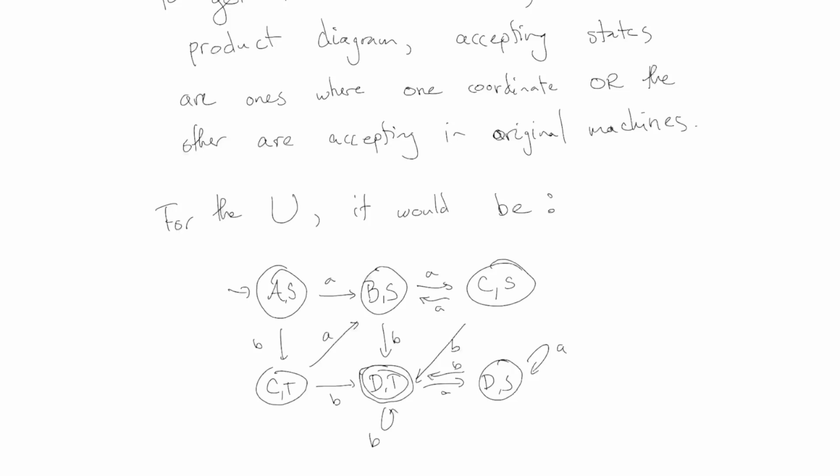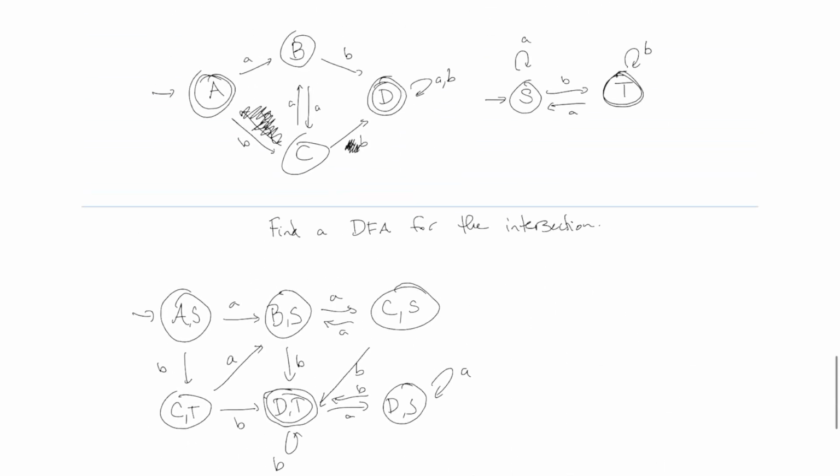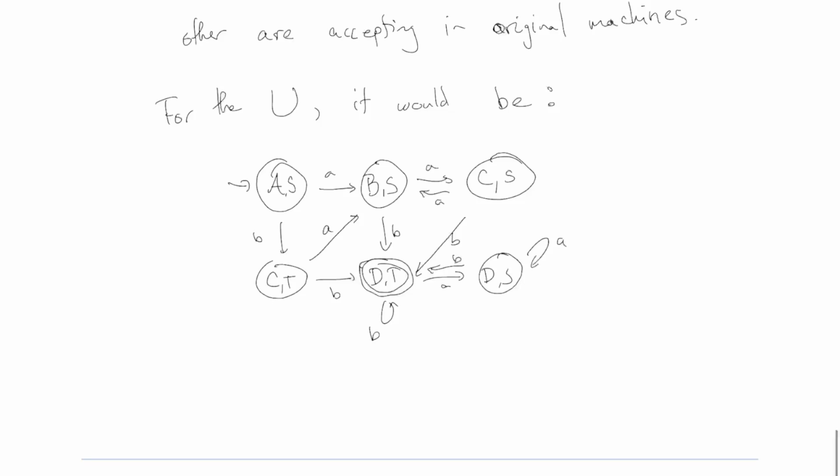And really what it comes down to this time is, on my original machines, A, D, and T are accepting. And so on my product machine, with the union, anything with an A or a D or a T, all of them should be accepting. So any of these states which have A, D, or T, that would include this one, or this one, or this one, and I think that's it.